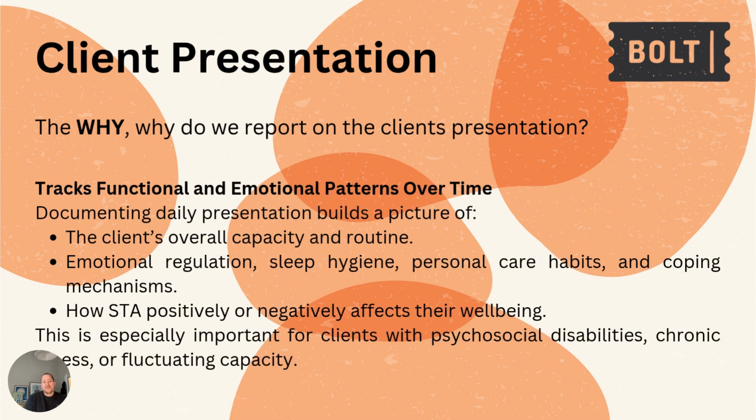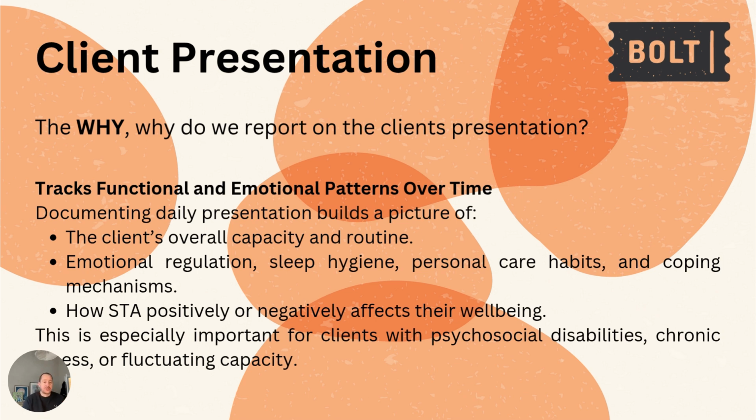It tracks functional and emotional patterns over time. I kind of alluded to this in the first slide on this section, but what we're talking about here is that if we have 6 months' worth of case notes in front of us that we might be able to review, as part of a plan review or a piece of work with a support coordinator, we would be able to say how somebody's improved over 6 months.